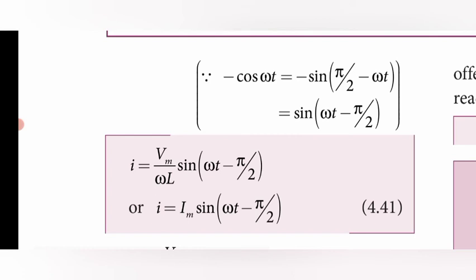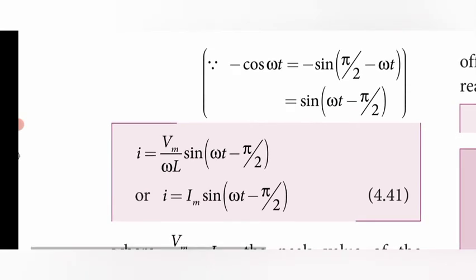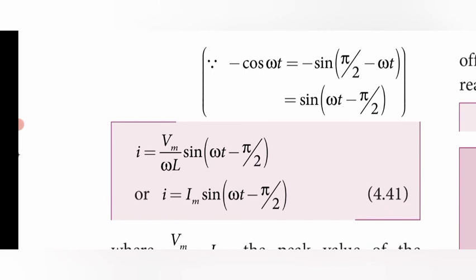So one of the minus values is taken out, and minus into minus gives a plus value. That's why we make a small adjustment here. So that is equal to sine omega t minus pi by 2. So instead of minus cos omega t, we write sine omega t minus pi by 2. Substitute this value in the above equation.